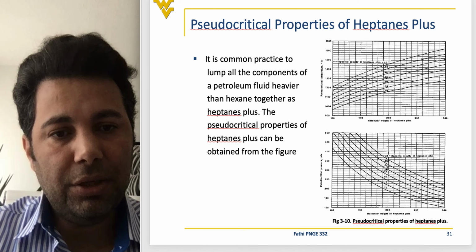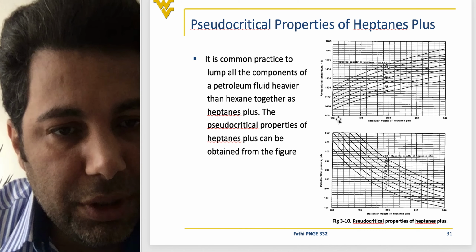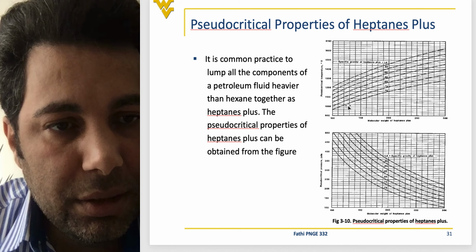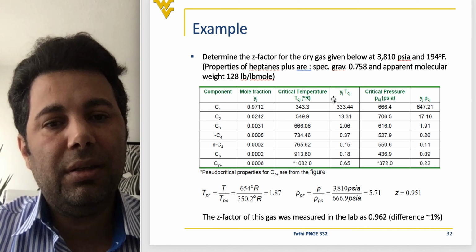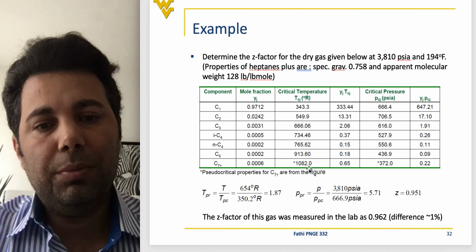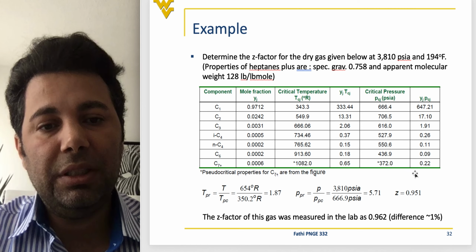For the temperature, again 128 and 0.758, it's around 1100. The actual number is 1082. So these two critical temperature and pressure of heptane plus can come from figure 3.10.